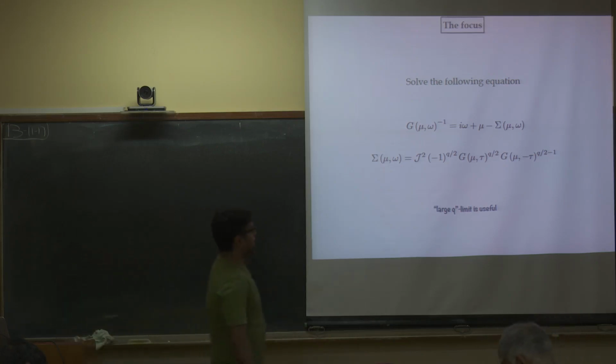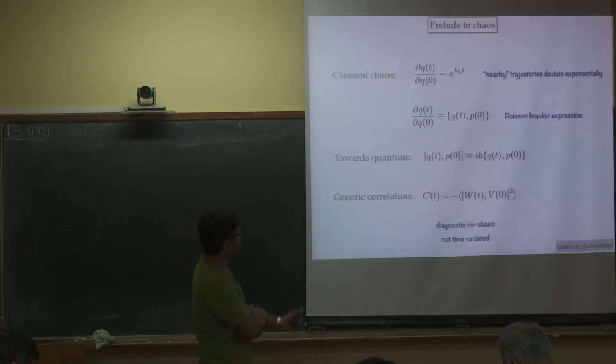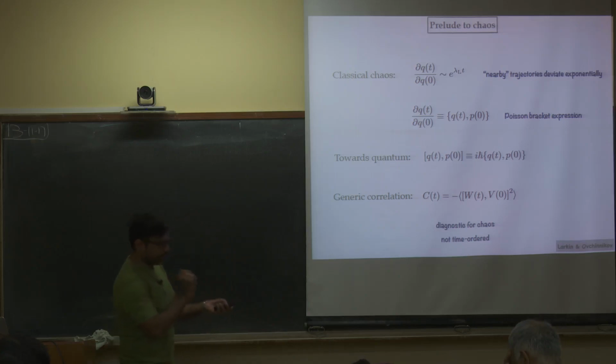Good. Okay. So now let me very briefly say what we mean by chaos. This is something that, well, I have honestly never understood, but what I know is that classically we talk about chaos of trajectories, and by trajectories we mean that we start with some initial condition and see what happens to the final evolution if we vary the initial condition slightly.